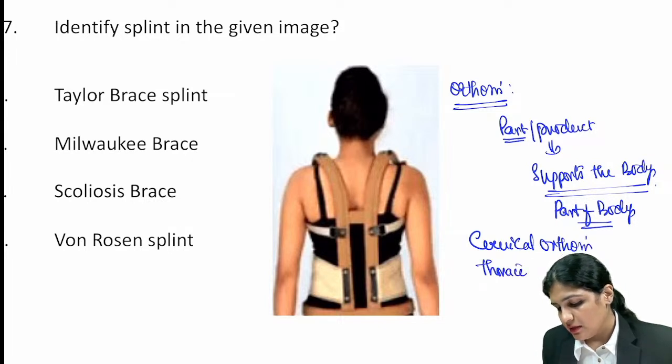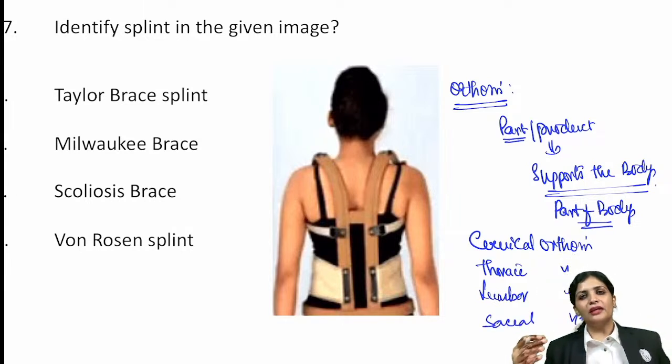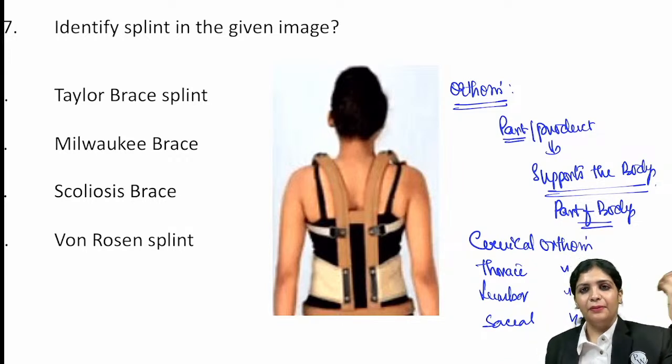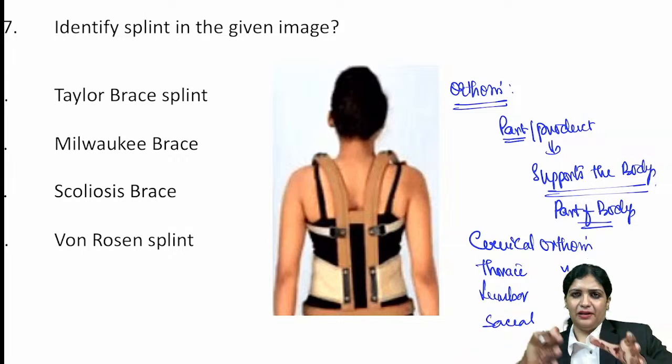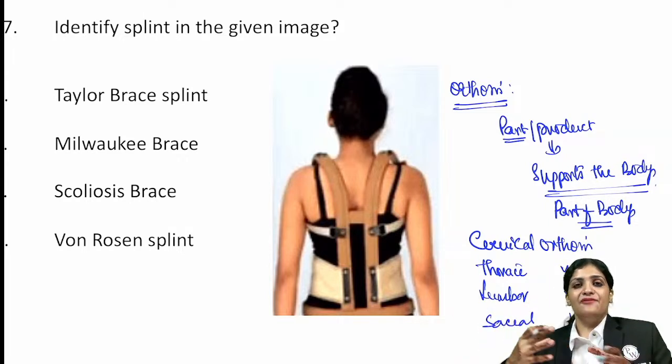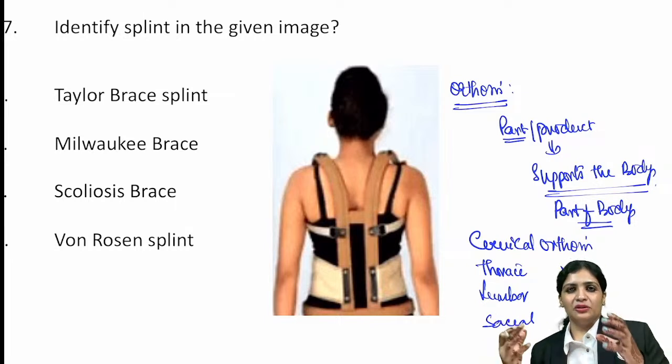thoracic, lumbar orthosis, or your sacral orthosis. So based upon the support which they provide to the body part, they can be named accordingly to that particular part. So for example, if it is supporting the cervix, it is called the cervical orthosis. If it is supporting the thorax, it is called the thoracic orthosis.